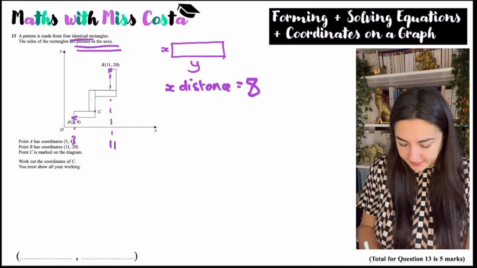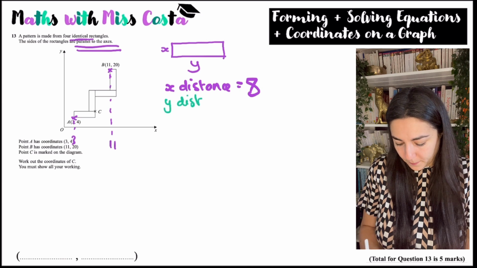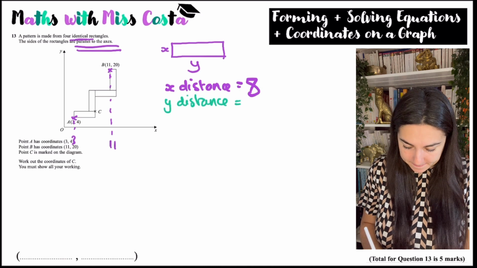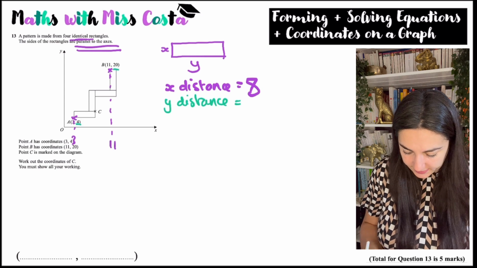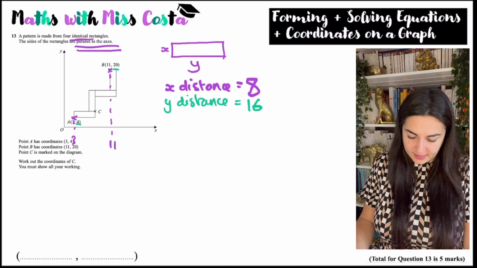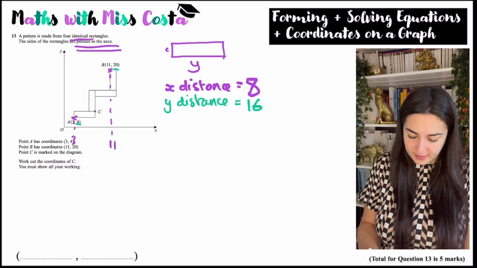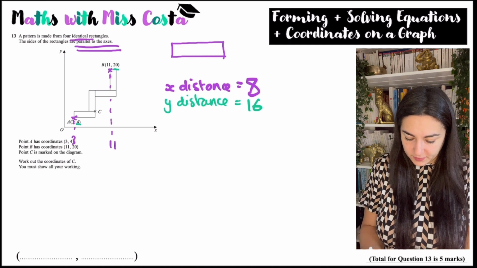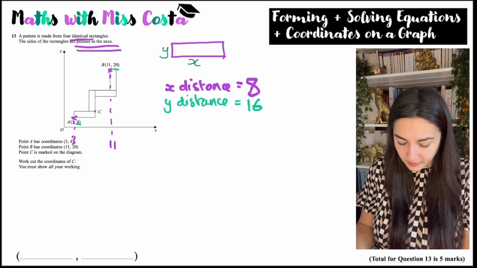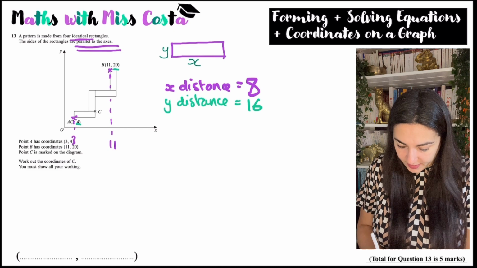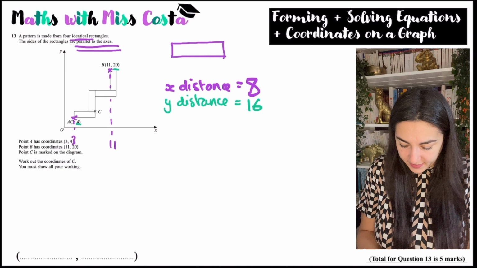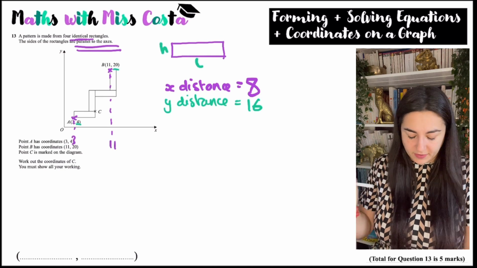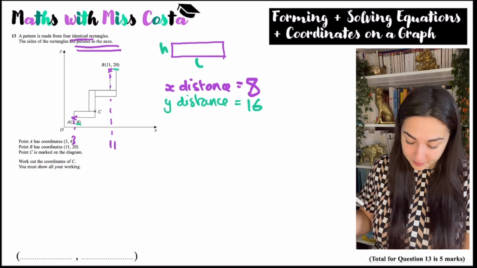And then the y distance, so from 4 to 20 is 16. It actually probably would help if I label them the other way around, because then we're dealing with y as the vertical and x as the horizontal. Okay, so actually, I'm just going to label it height and length, just so that we don't get mixed up with variables and all of that.